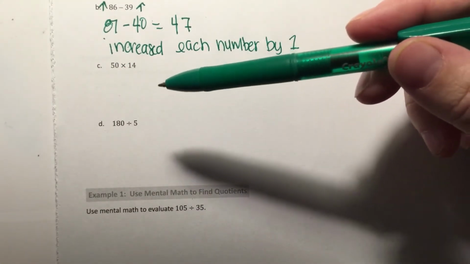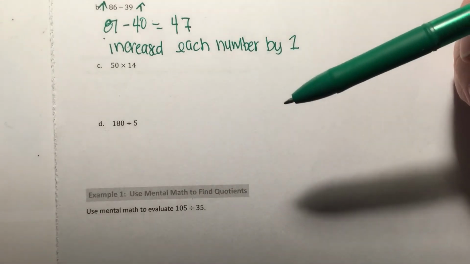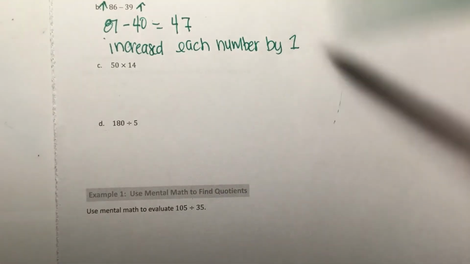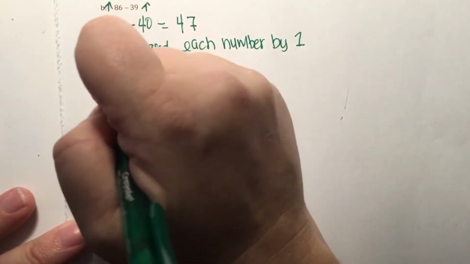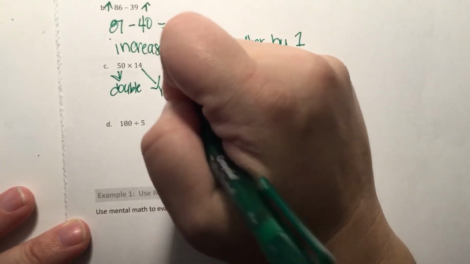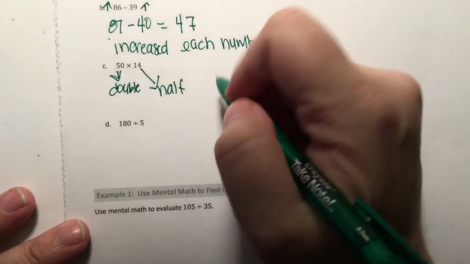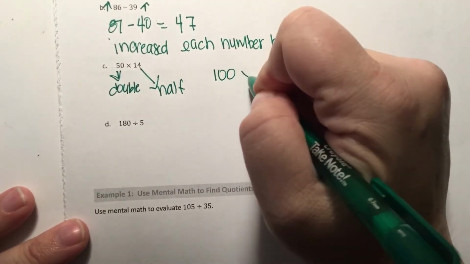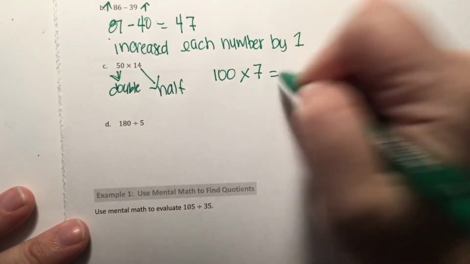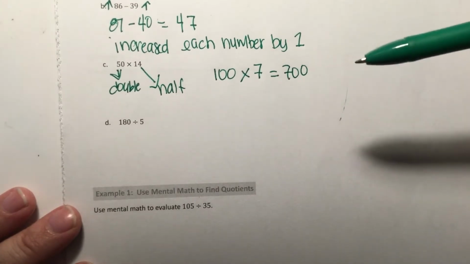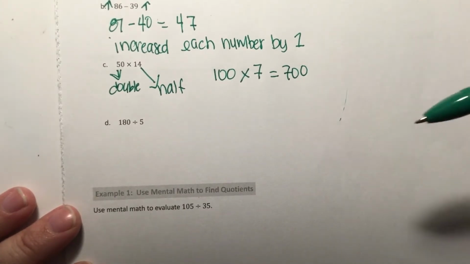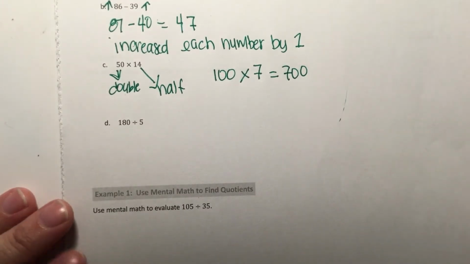So this side we're going to double, and this side you're going to half, okay? So then it becomes 100 times 7, which equals 700. I want you to check that with a calculator, okay, and make sure that we are correct. I believe that according to the answer key we are, okay?